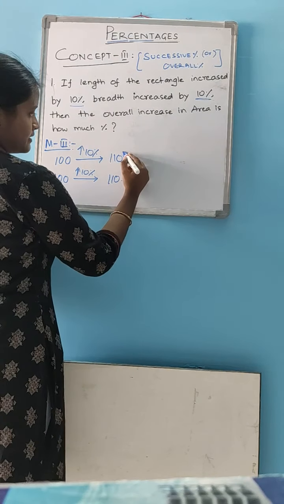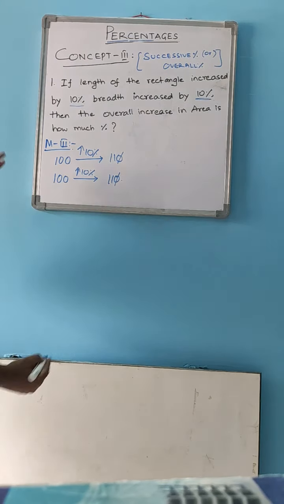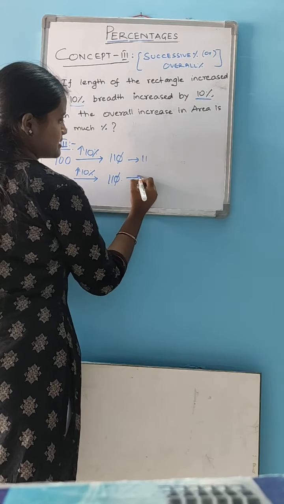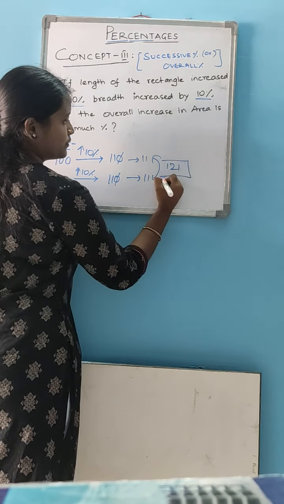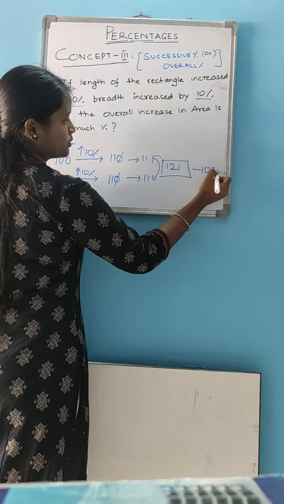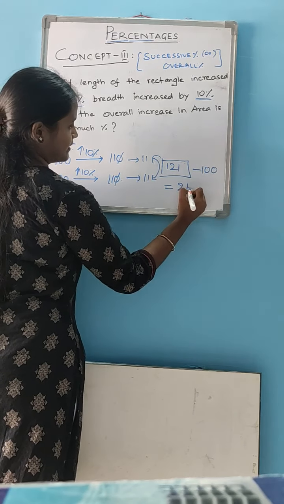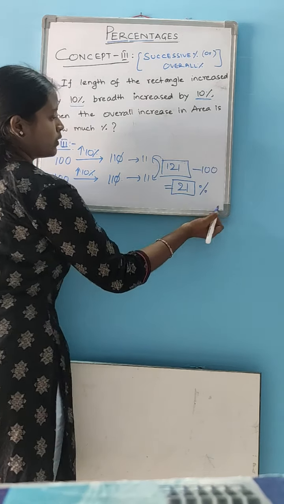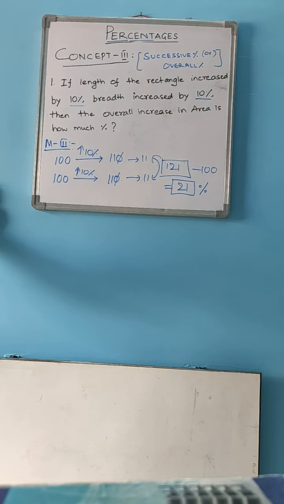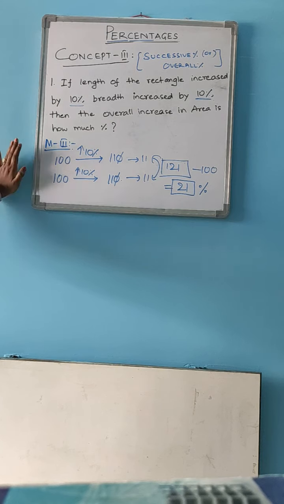Now you can cancel the values and now it is 11 and 11. Now 11 into 11 is 121. Now you have to subtract 100 out of this, that is 21. That means 21% is the overall increase in the area of the rectangle. This is the third method to solve this problem.